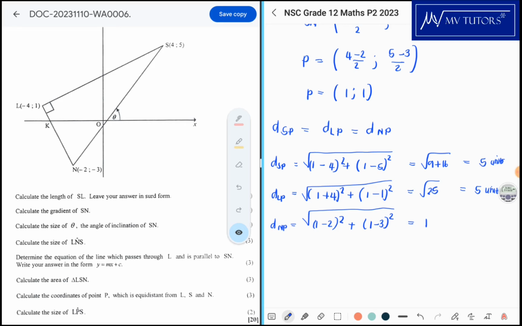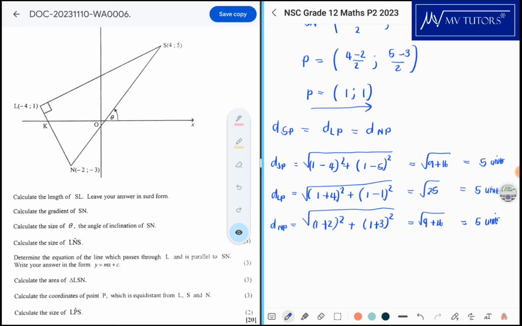It's 1 minus minus 2 and 1 minus minus 3. So we have 1 plus 2, which is 3. 3 squared is 9. And 1 plus 3, that's 4. 4 squared, that's 16. And 9 plus 16 is 25. Root 25 is 5 units. So we've checked that the coordinates of P, which is 1 and 1, are actually correct. So we can move on with confidence.